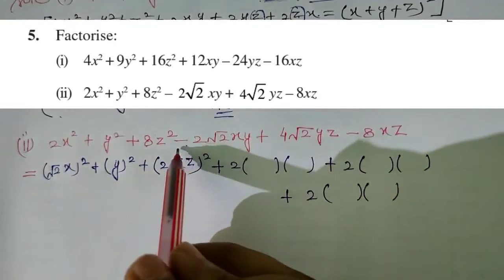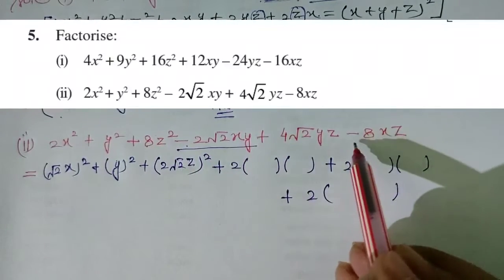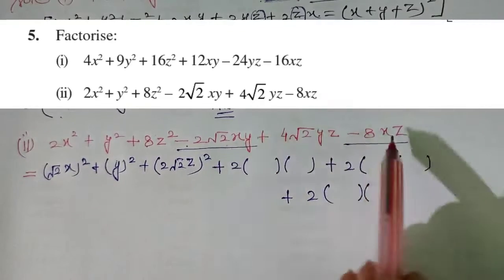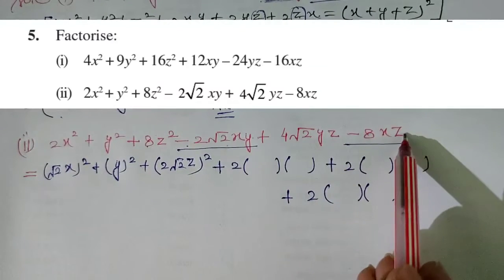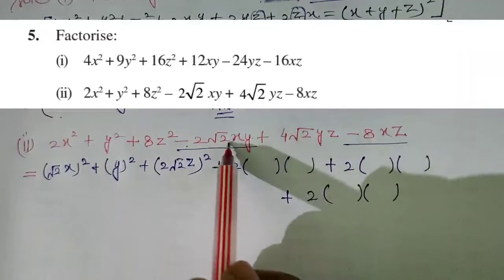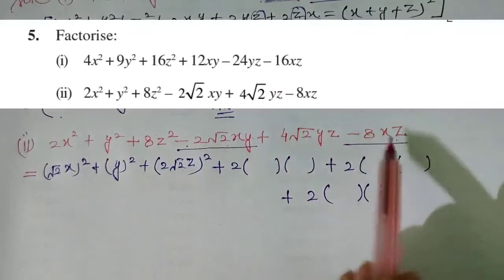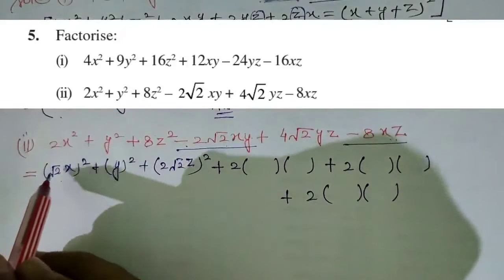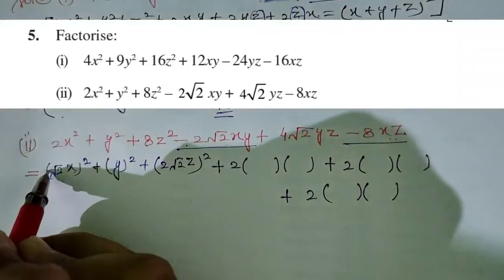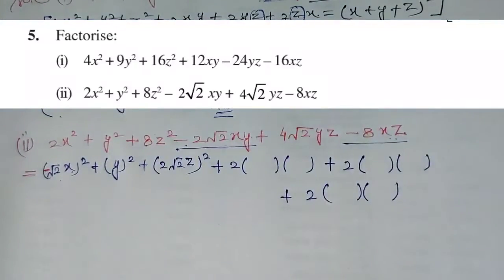Now we will analyze this part and this part of the question. What is common: xz, xz, xy, xz. So x is common. So where is x in the question? We have root 2x. So this root 2 will be negative.